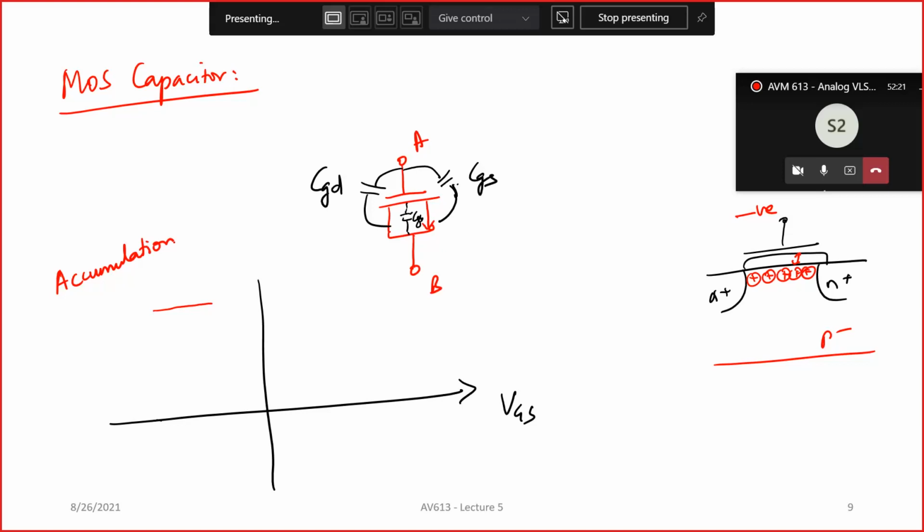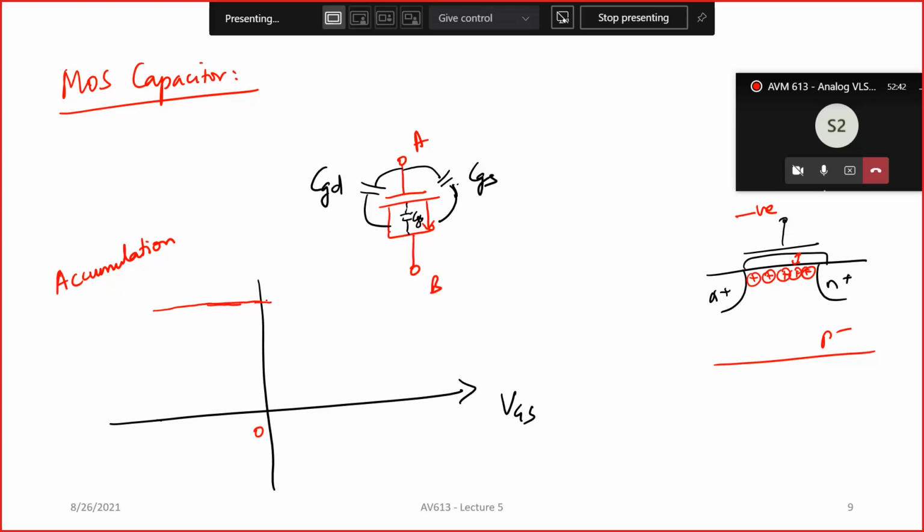Now, as you start reducing this negative voltage, or rather increasing the VGS, so this is VGS negative. Beyond a point, after you come to zero, what happens? It no longer starts to attract the holes.